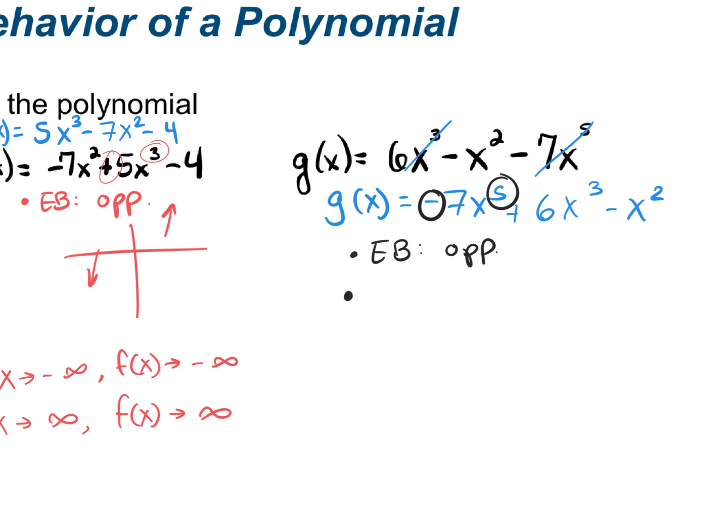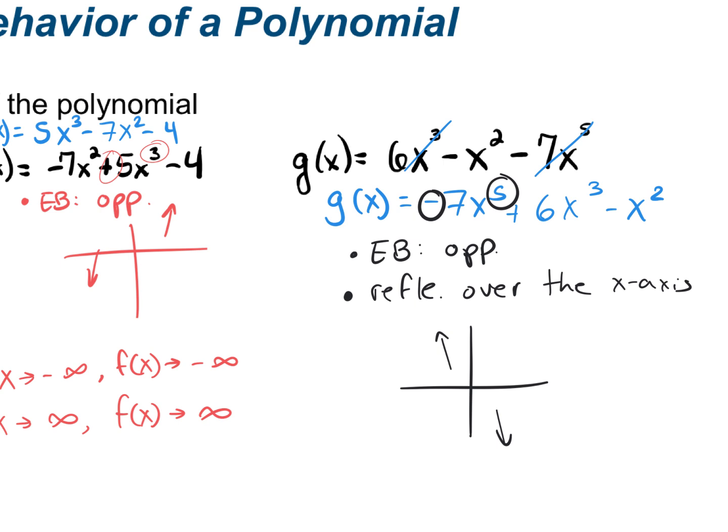And because we have a negative, it's going to be reflected over the x-axis. So if you were to draw the graph, instead of going down, up like the one next to it on the left, it's going to actually be up, down. And again, the middle part doesn't matter to us yet.